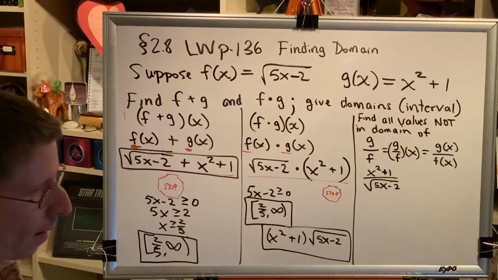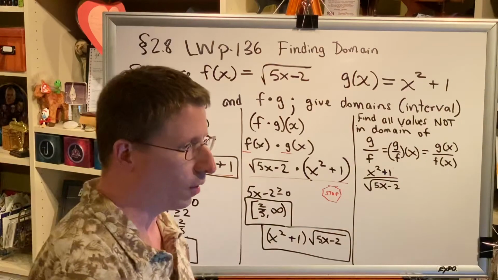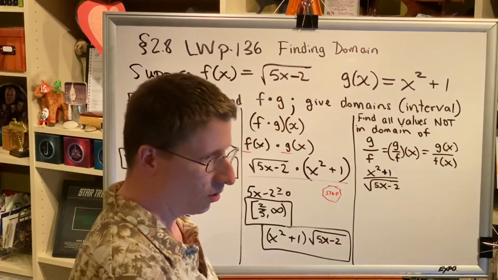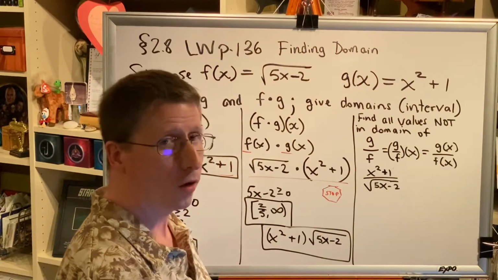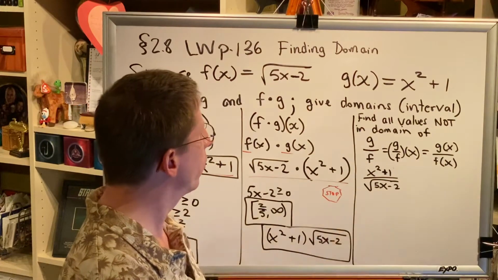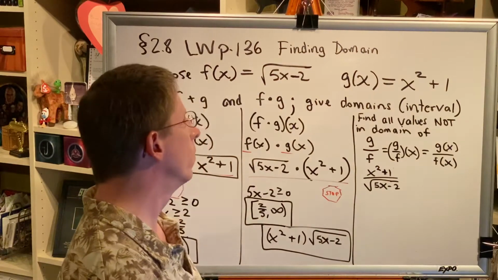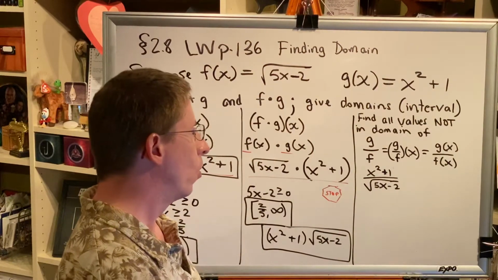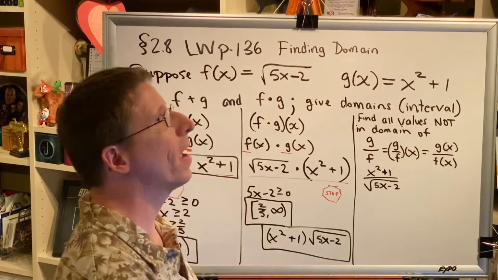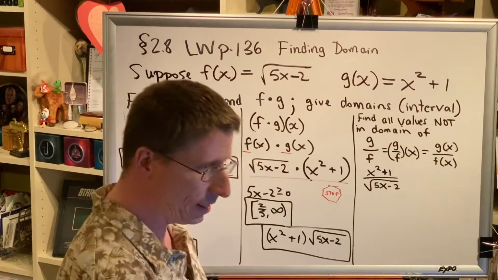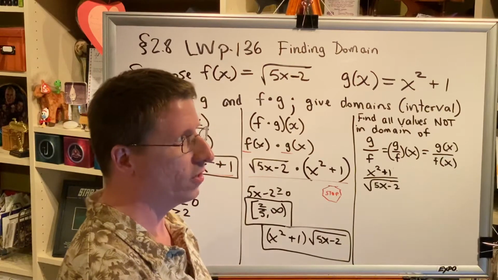Okay, so this problem is worded very specifically. Find all values that are not in the domain of this. Well, if we think about that, one way to figure out what's not in the domain is to figure out what is in the domain and then just say not those values.